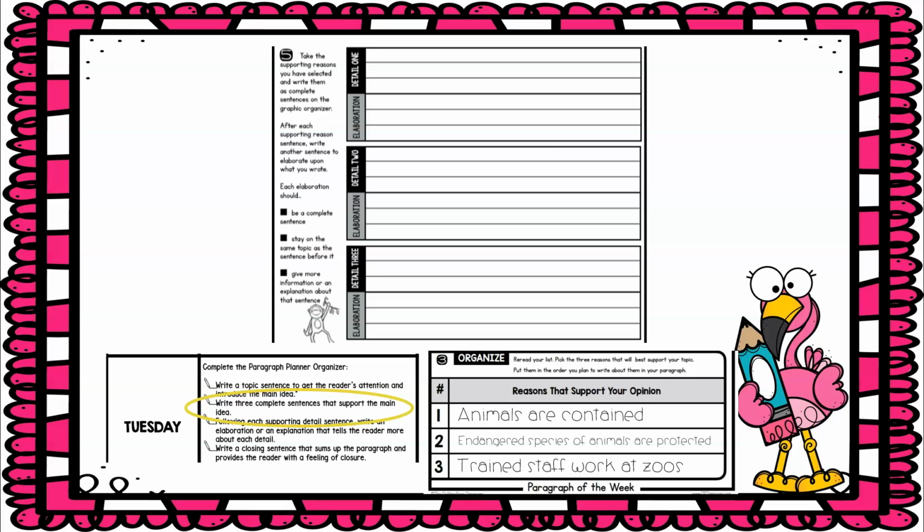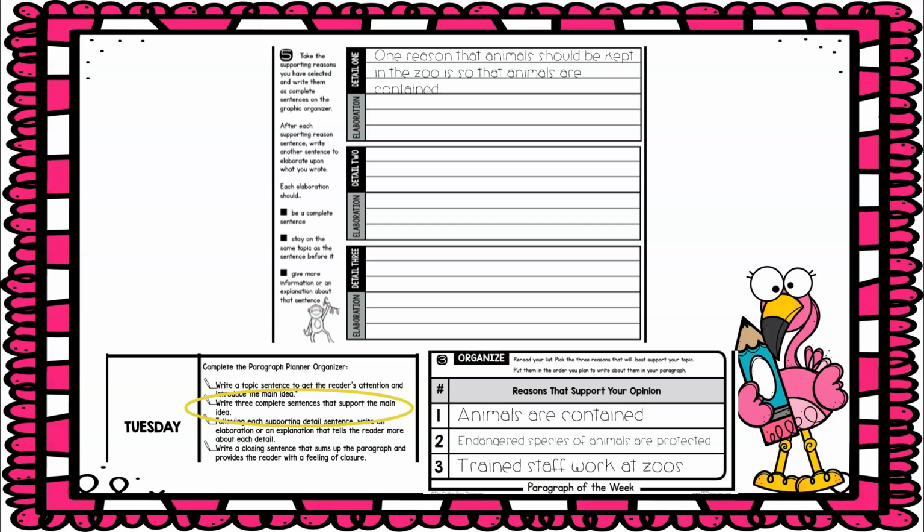After I have done a little bit of thinking, I now know that I want to write my sentence, and I should say, one reason that animals should be kept in the zoo is so that the animals are contained. I have made sure that my sentence starts with a capital letter, has a subject and a predicate, and ends with punctuation.